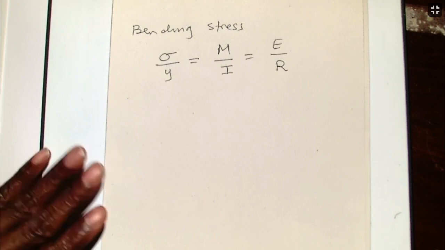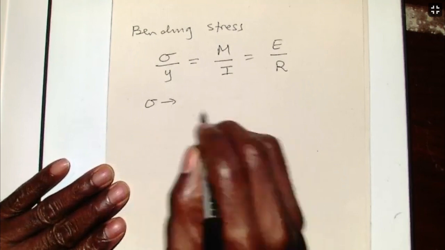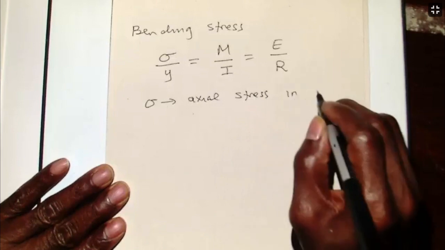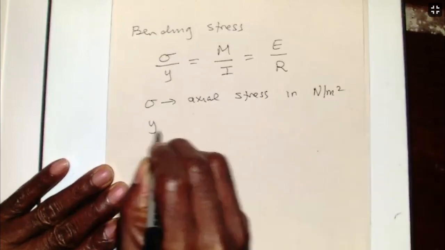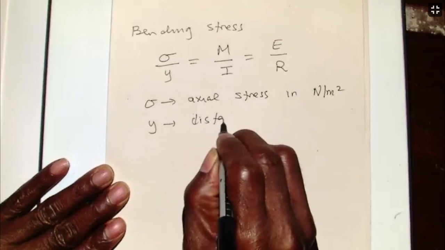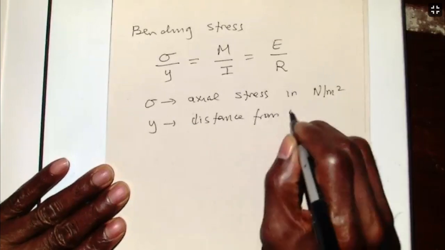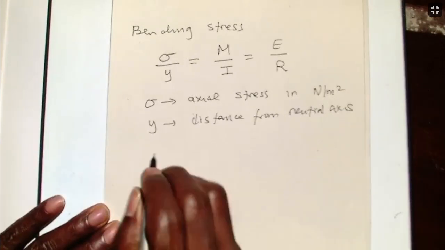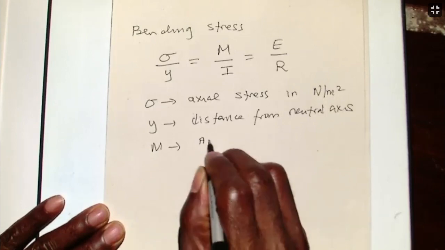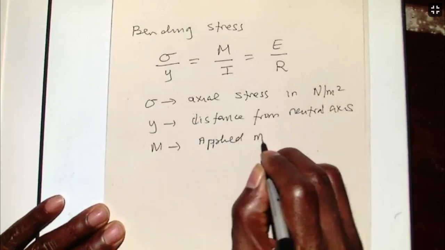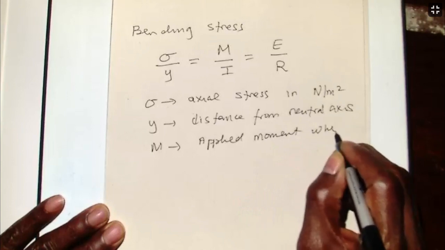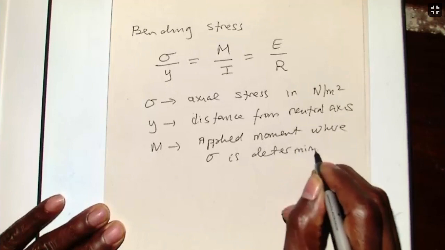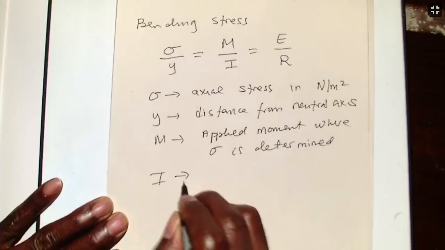Because we are interested in the stress, that is the stress axis in Newton per meter squared. That is y, the distance from the neutral axis. I will explain what the neutral axis is again. And M is the applied moment where sigma is being determined. And I, as we know, is the second moment of area.